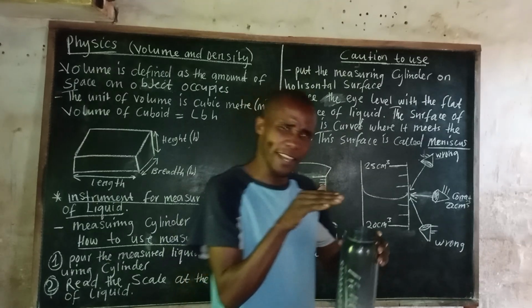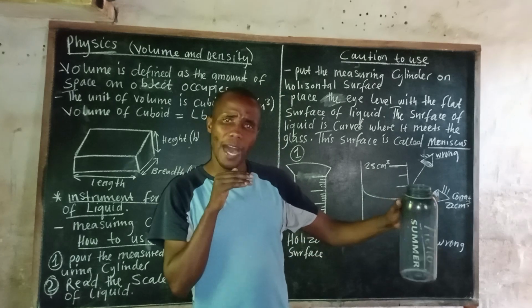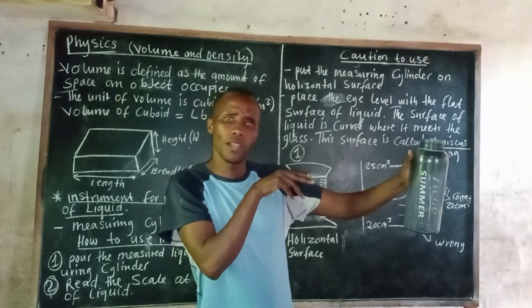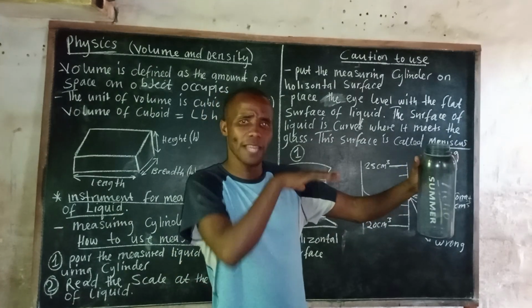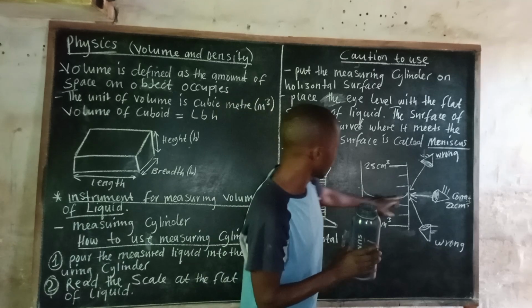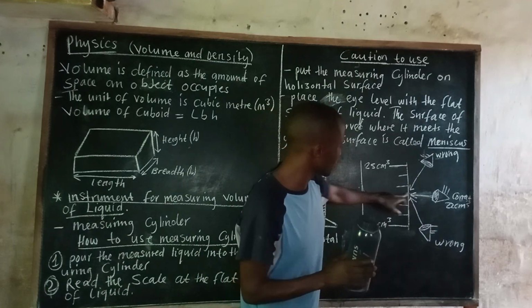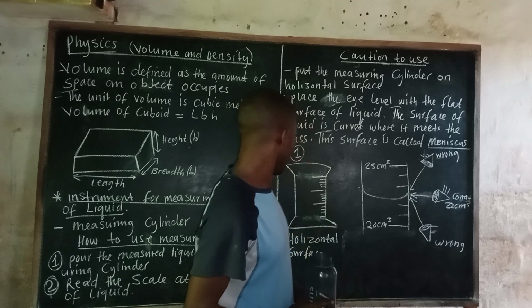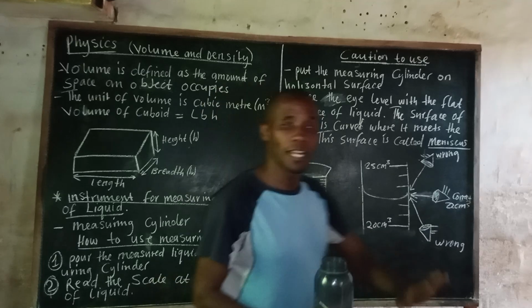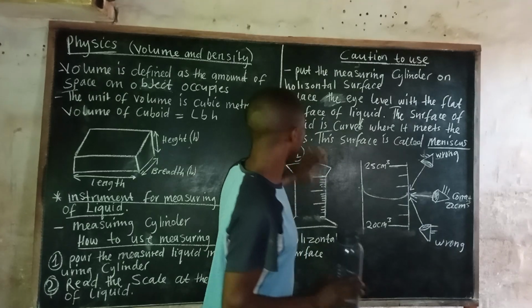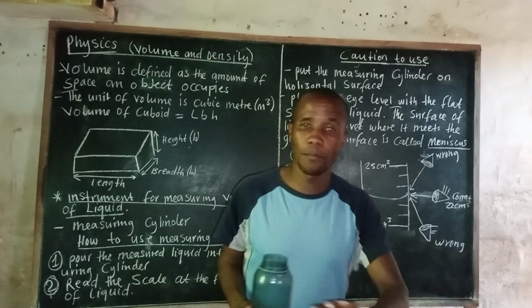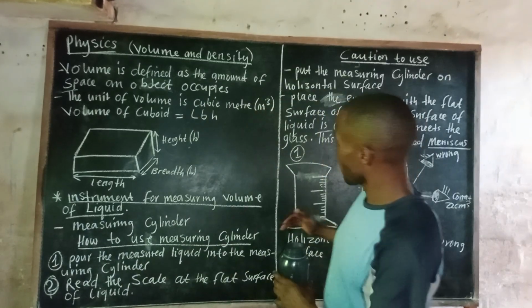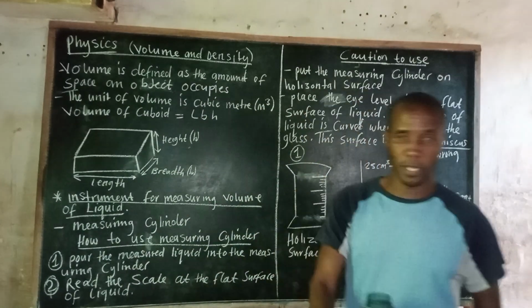As you are measuring, make sure your eye is straight to the meniscus, that curved surface. So this space is called the meniscus. So this is the layout. Now you can go about the measuring of the volume of a liquid.